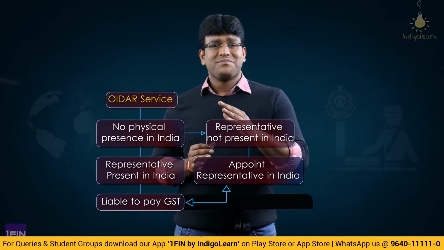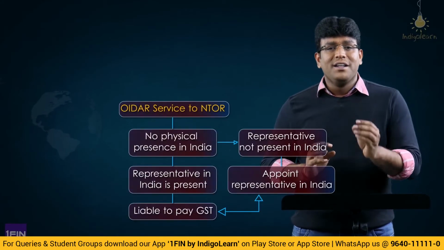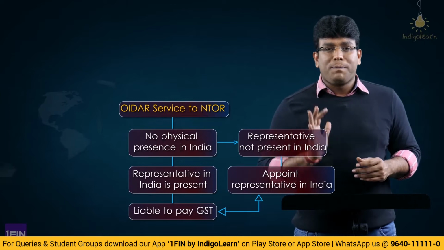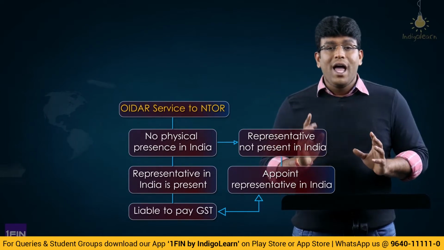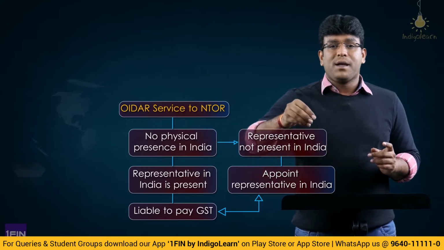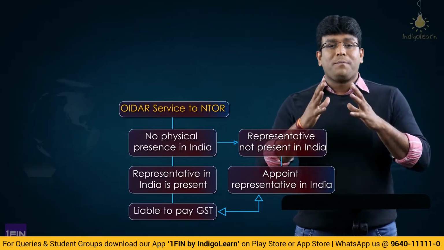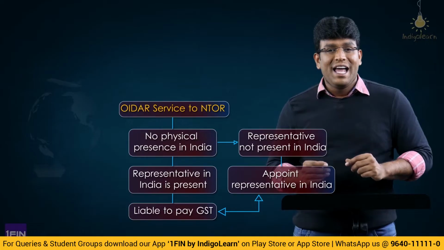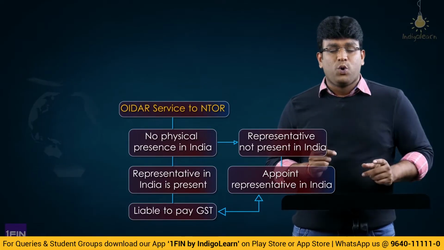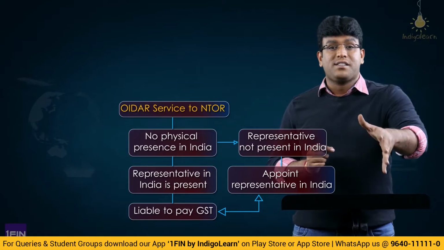That means, in simple terms, if OIDAR is not having physical presence in India, then law is telling whoever is the representative, he is liable. And if there is no representative, then OIDAR should appoint somebody in India, make him representative and make him the responsible person for the purpose of payment of GST.